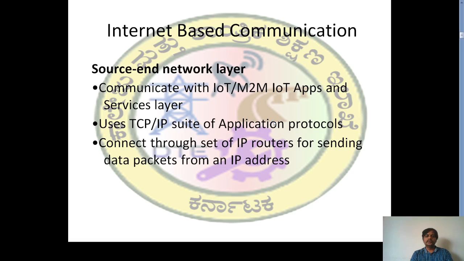Internet-based communication: the source and network layer will communicate with the IoT or M2M IoT apps and services layer. It uses the TCP/IP suite of application protocols and also connects through a set of IP routers for sending data packets from an IP address.